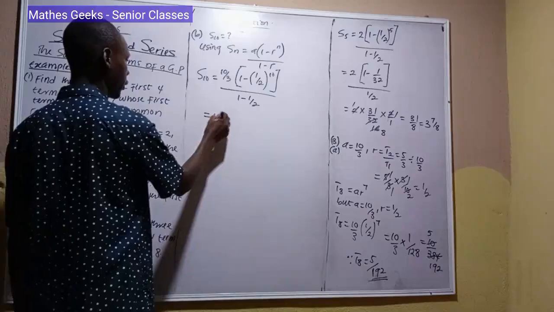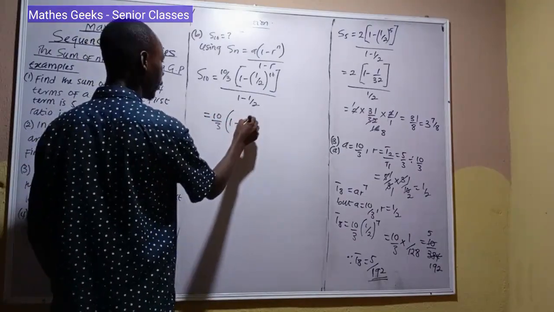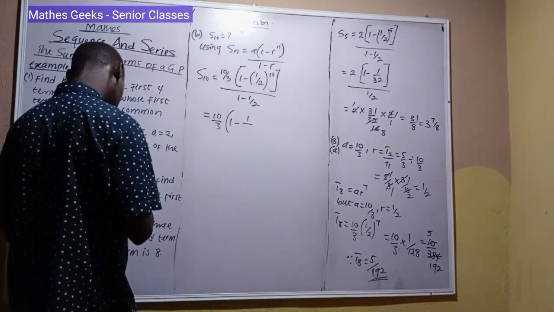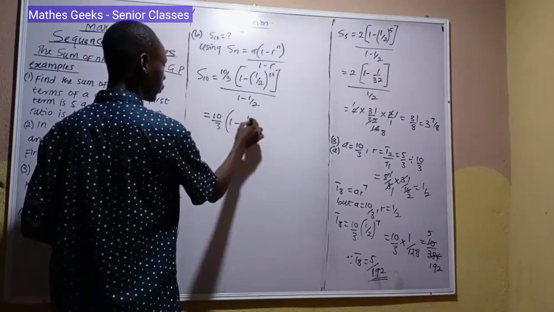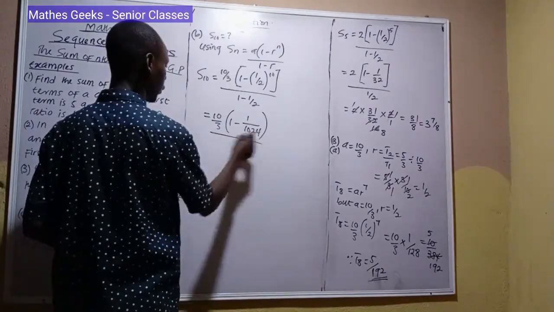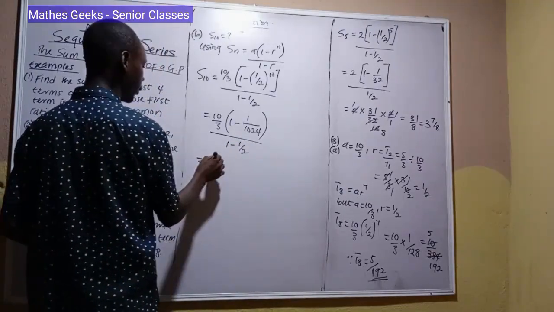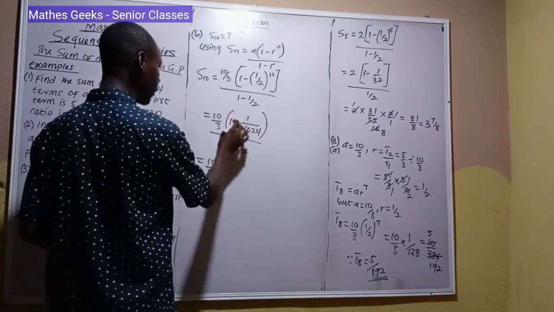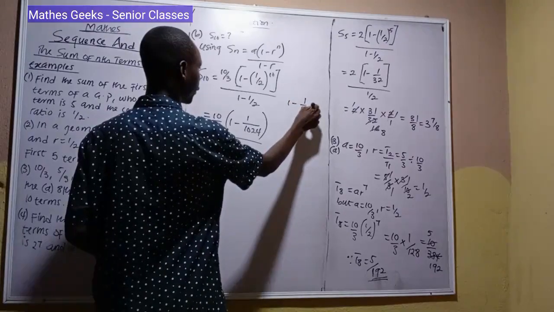That will give us 10 over 3 times 1 minus 1 over 2 raised to power 10, which is 1024, over 1 minus half. Simplifying, this gives 1 minus 1 by 1024.